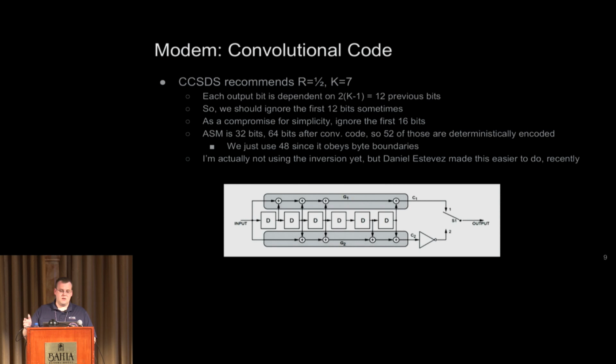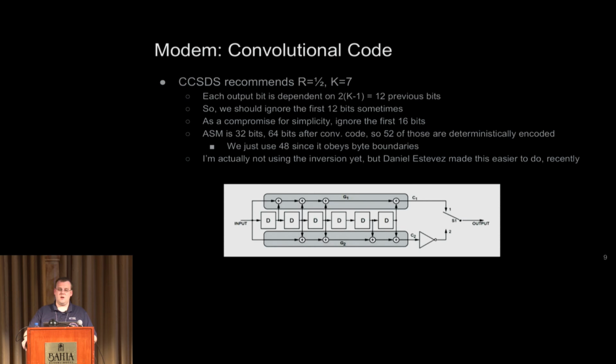But in the CCSDS recommendation, there's sort of a frame, and that's preceded by a 32-byte sync word. It's called the ASM. I think it's the asynchronous marker or something like that. After convolution, that turns into 64 bits, since we're doubling the data rate here with rate 1/2.